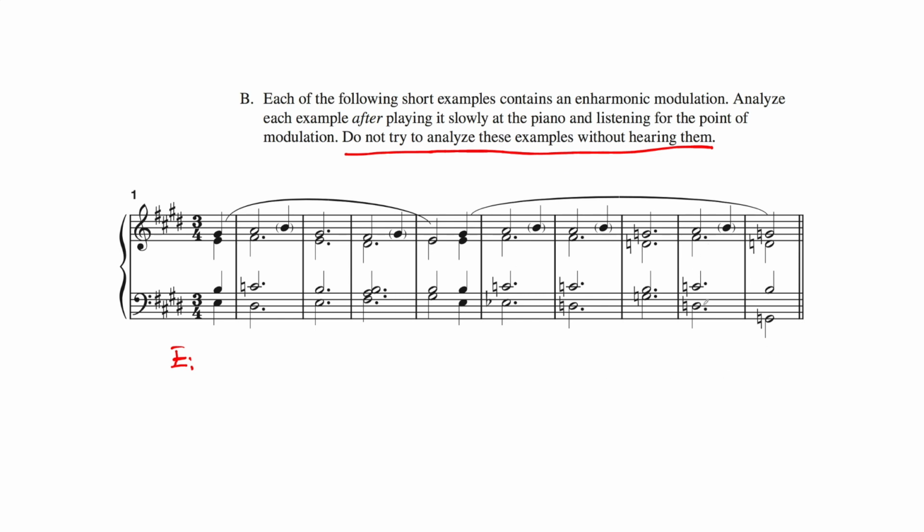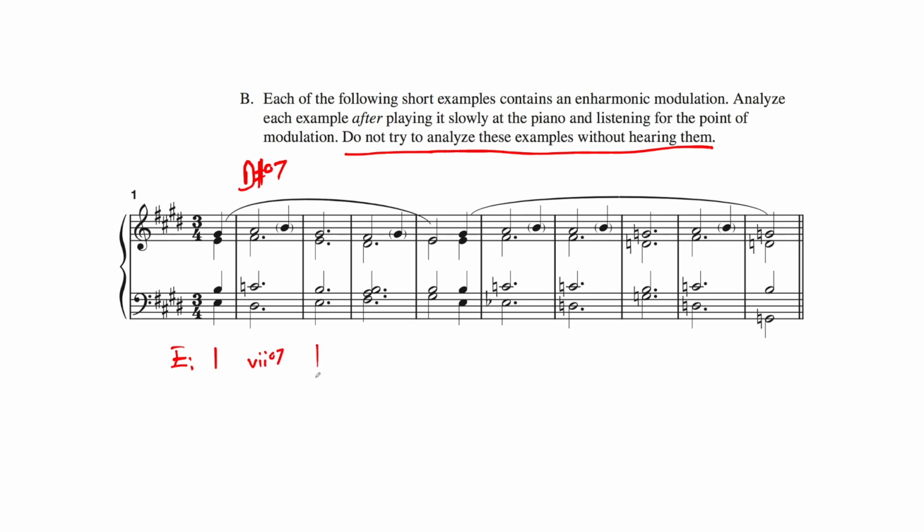We have many natural signs. So, it begins with I, and here we have a D sharp diminished 7th, D sharp, F sharp, A, and C natural. That means it is a borrowed vii°7.